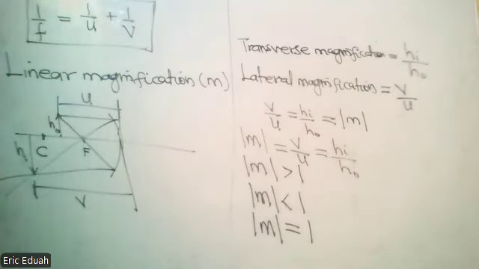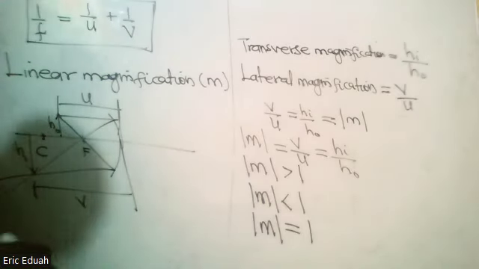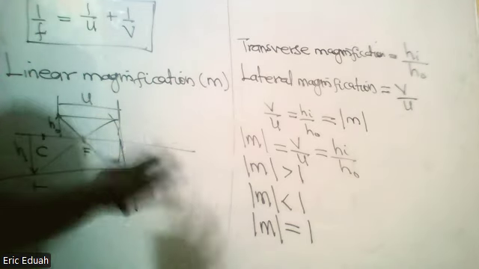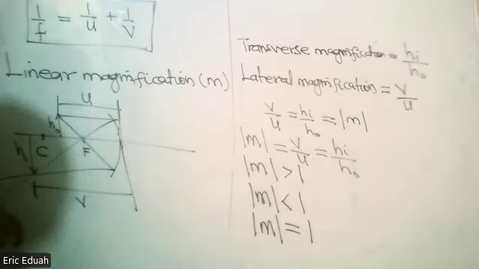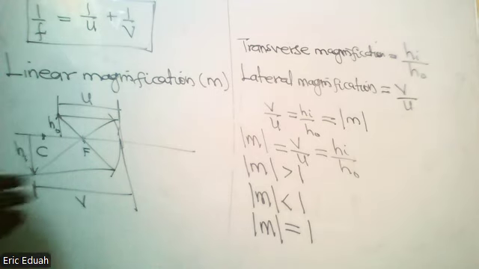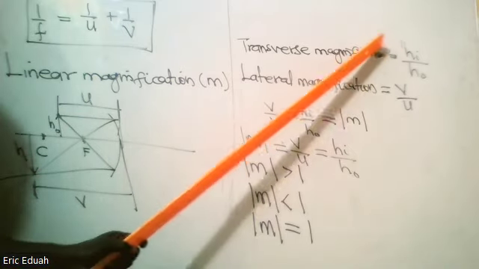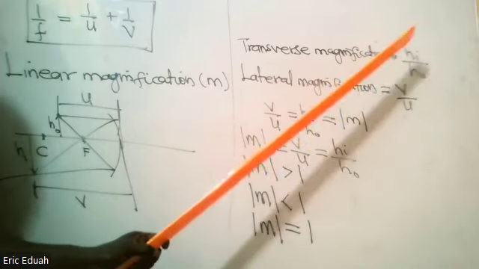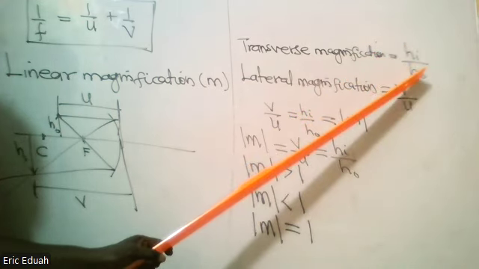Okay, so Cardinal, this is what I was saying. When we talk about transverse magnification, we are looking at the ratio of the image height to the object height.